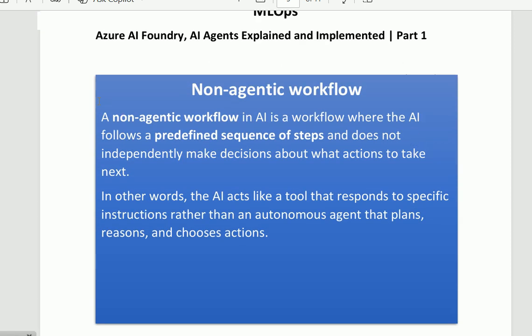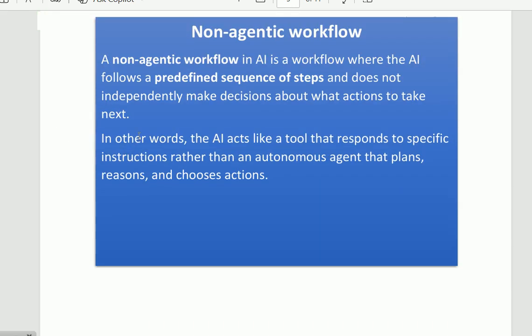The most important thing to remember is that it follows a predefined sequence of steps and does not independently make decisions about what action to take next. In other words, the AI acts like a tool that responds to specific instructions rather than an autonomous agent that plans, reasons, and chooses the action. So it means that in a non-agentic workflow, the whole sequence is predefined.